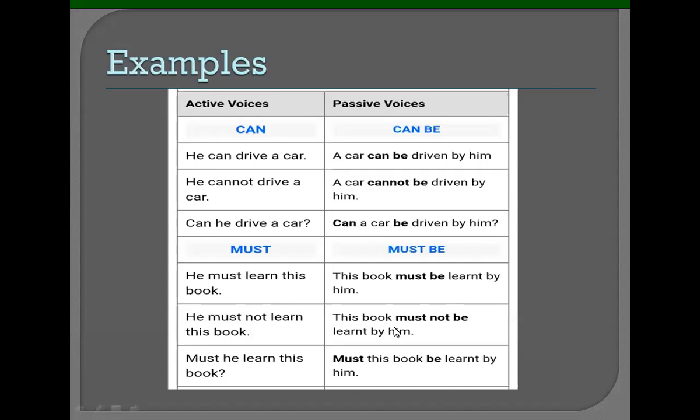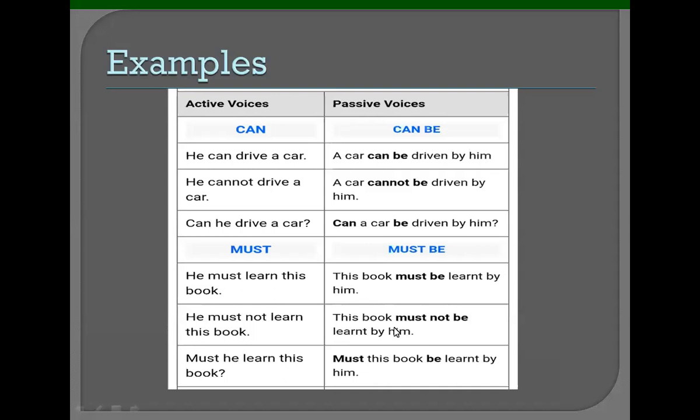A car can be. I told you that you are going to write be also with this. The verb you are going to write, be, like verb be. A car can be driven by him. A car can be driven by him. He is changed into him. Okay. Negative sentence: he cannot drive a car.